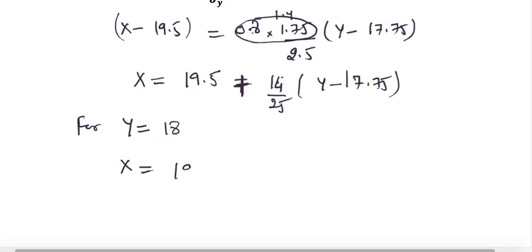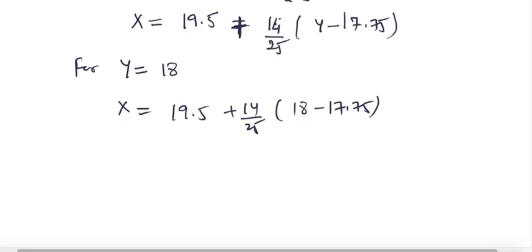X is equals to 19.5 plus 14 by 25, and y we can substitute here as 18 minus 17.75. When we take a difference of 18 and 17.75, we are getting 0.25.